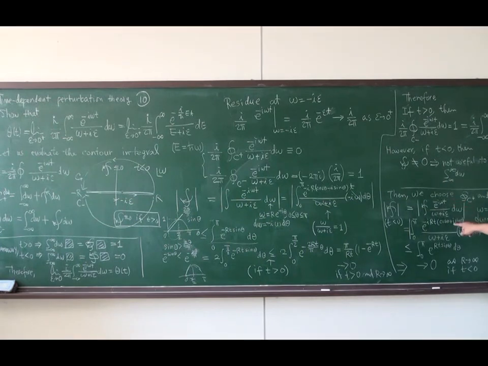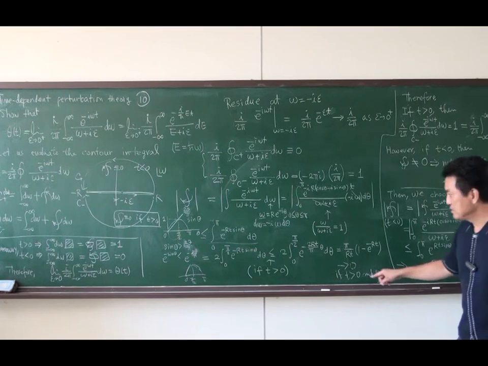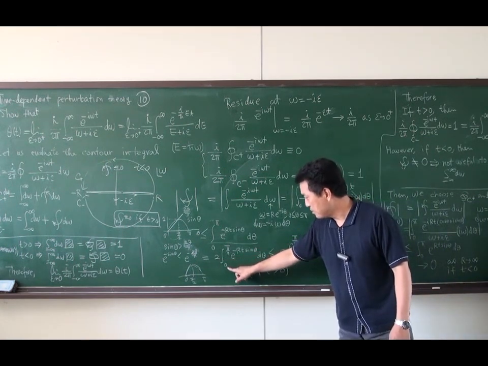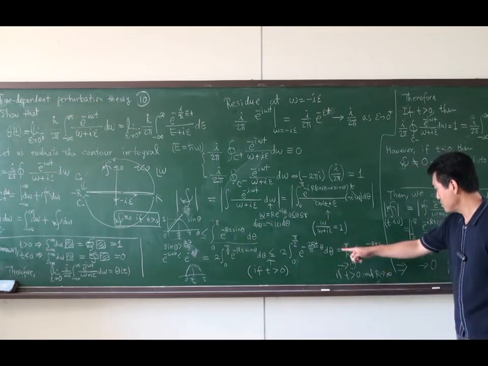So I have plus i sine theta, and I do the same to get the upper bound of this integral. I take the absolute value of the integral, which is the same as this, except that I have a positive sign, r t sine theta d theta, and again we can double the integral from 0 to 1/2 pi and so on.